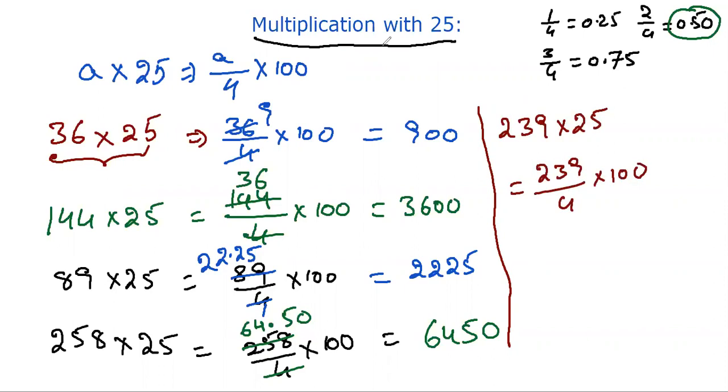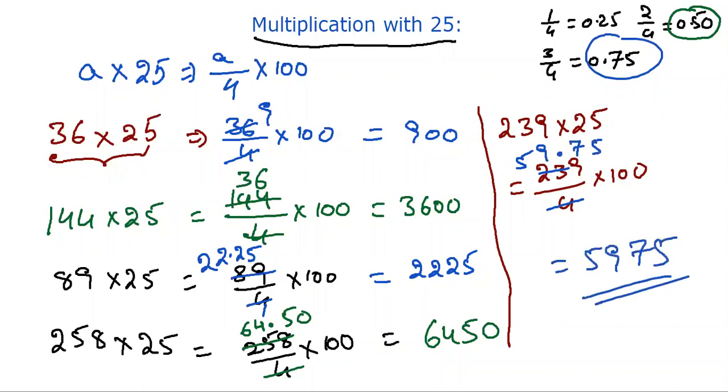Just do this calculation, divide with 4. 4 how many times cancel? 5 times cancel. 4 5s are 20. Remaining is 39. In 39, 9 times because 9 4s are 36. Remainder is 3. Then what you will write? 0.75. Then your answer is 5975. Is this clear?